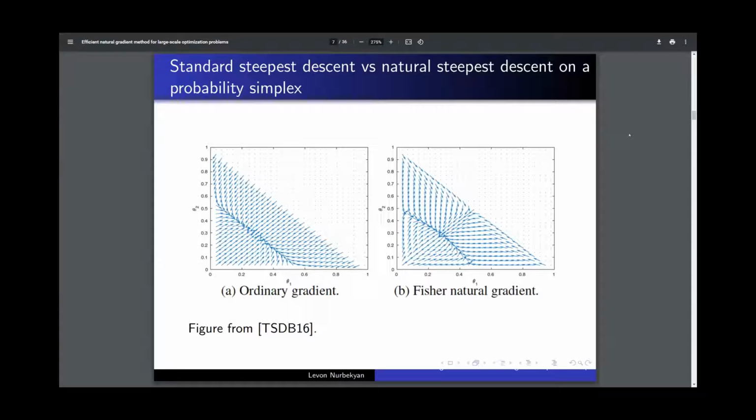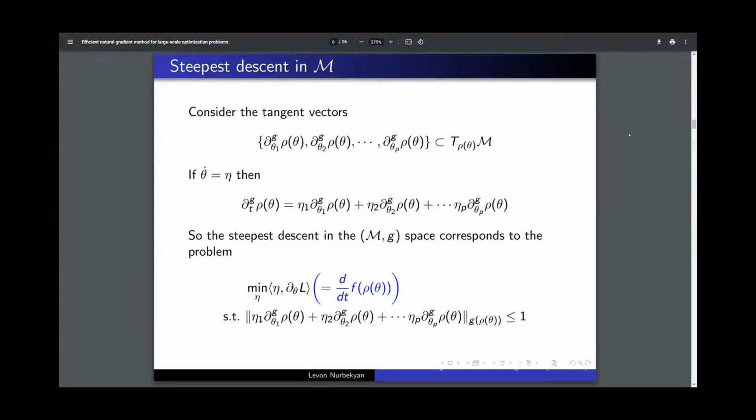Whereas here, with a specific geometric structure, which is in some sense natural for probabilistic methods, the Fisher natural gradient, you see that the gradients are pointing more directly towards the minimum. And the idea is that we have, let's say, a unit speed, that's our budget. We want to move as close as possible on the natural manifold.